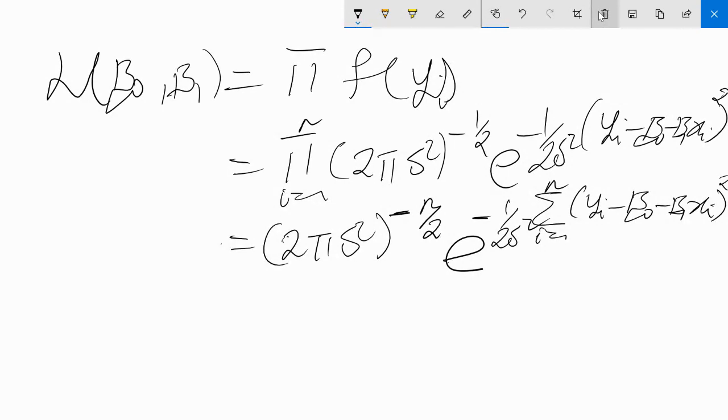So we take the natural logarithm of this. We have log e of L of beta 0, beta 1.